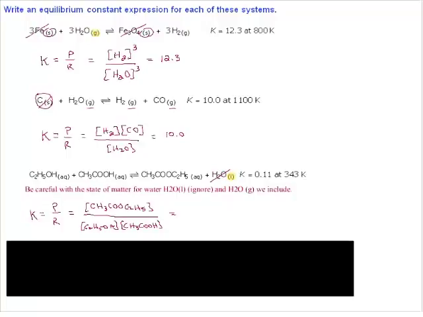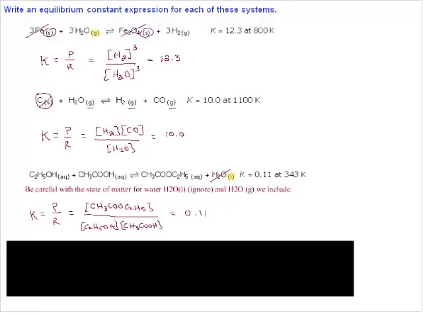And this one has a slightly different value. It is 0.11, which is a lot smaller than what we've seen above. And you can see that the temperature is 343 kelvins. That's about 80 degrees Celsius or so.